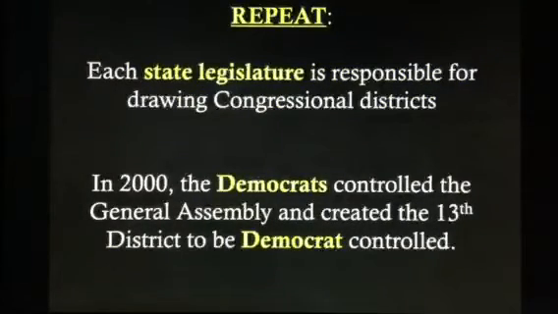Again, each state legislature is responsible for drawing congressional districts. In 2000, after the 2000 census came out, the Democrats controlled the General Assembly, and they drew the 13th congressional district in such a way to be controlled by Democrats, thus guaranteeing a Democrat would be elected from the 13th congressional district to go to Congress.